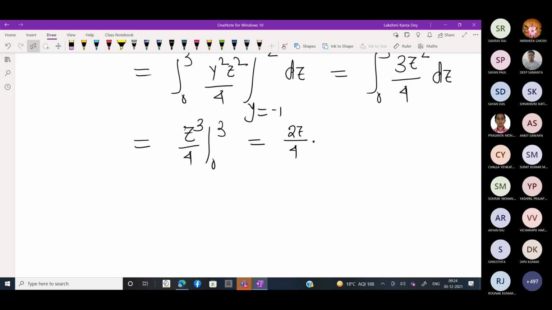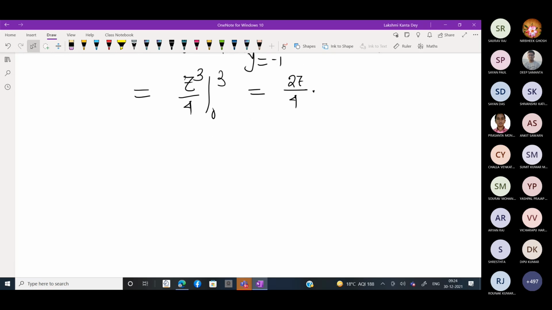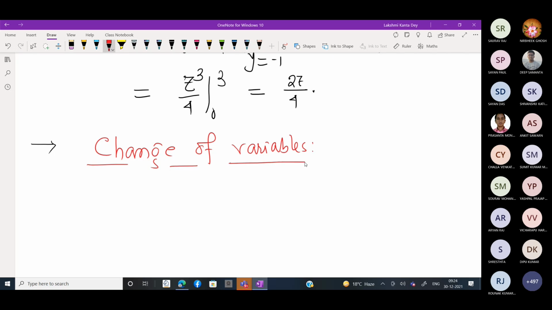Then I'll be coming to change of variables in double integration. Then again we'll come back to triple integration once it is necessary. Particularly I would like to give some special condition.